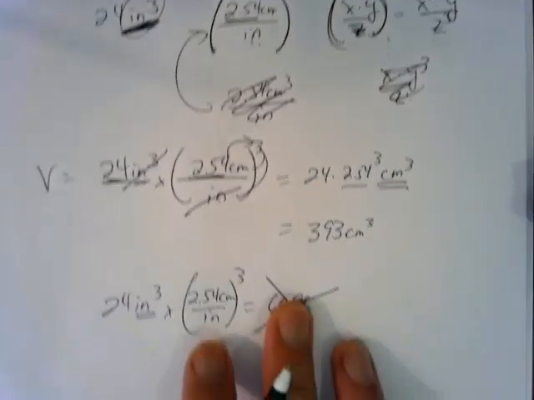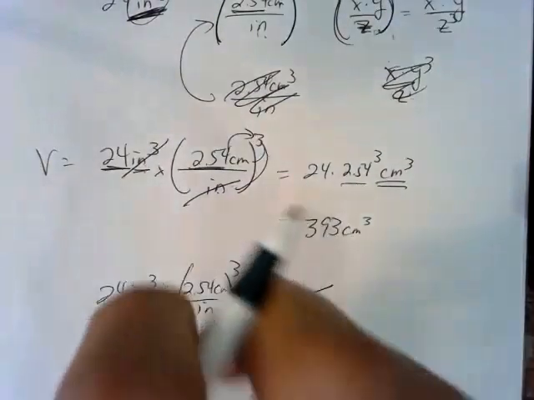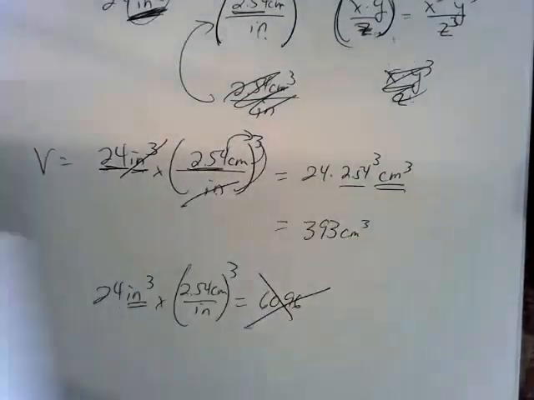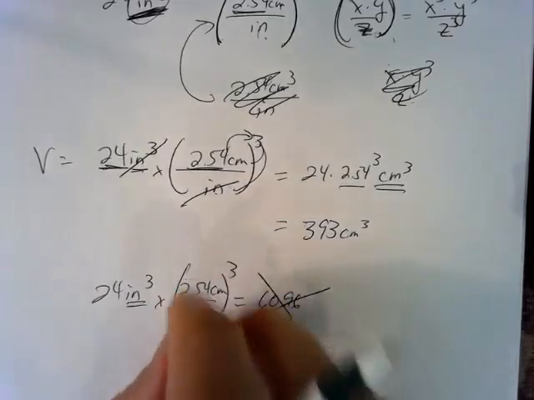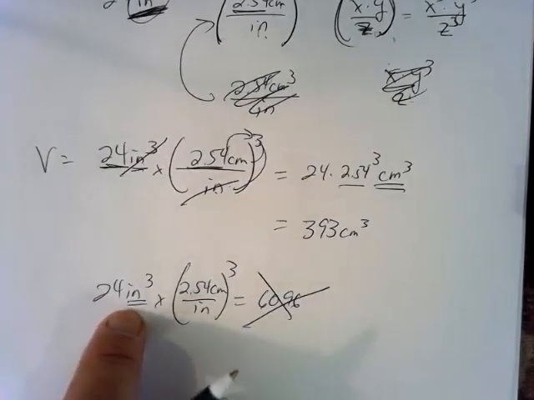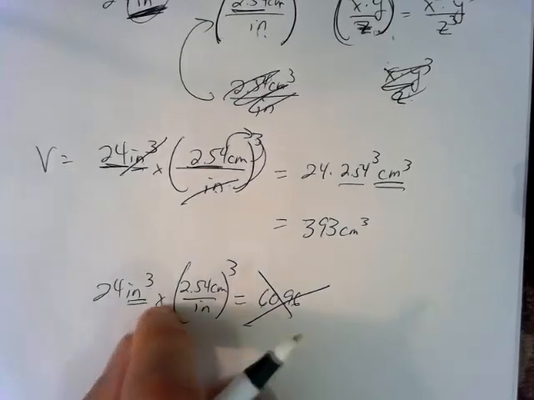So that's a manipulation that a lot of students miss: if you have units that are squared or cubed, you have to square or cube the conversion factor. So please practice that and remember that when you start in class.